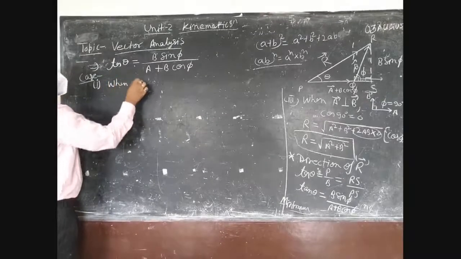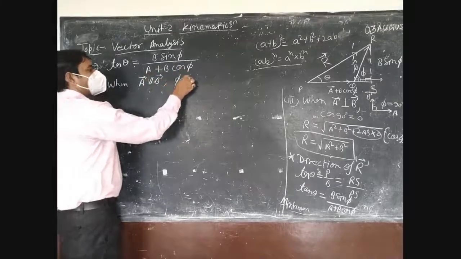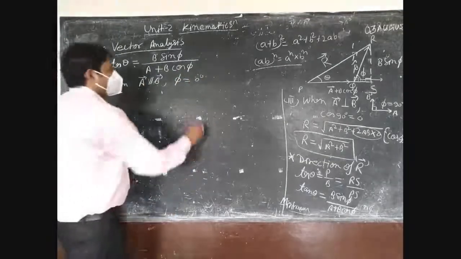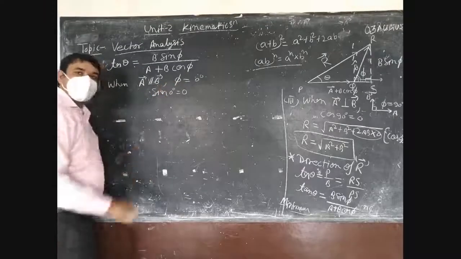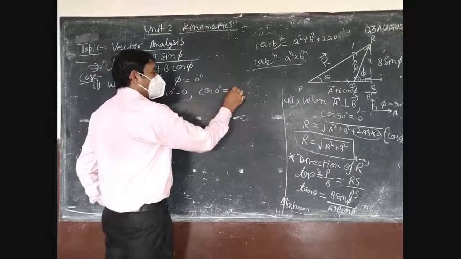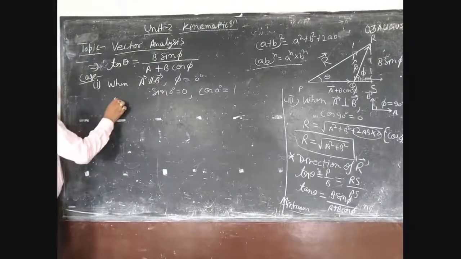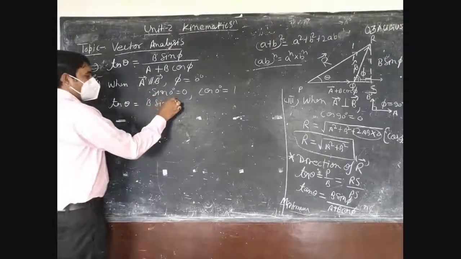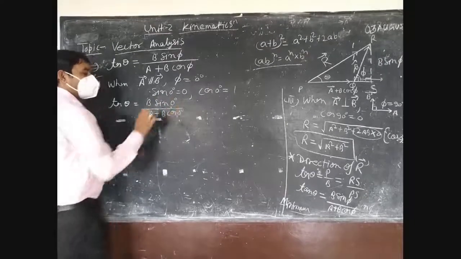In case 1, when vector a is parallel to vector b and phi is equal to 0. As you know, sin 0 degree is equal to 0 and cos 0 degree is equal to 1. By using this result, tan theta is equal to b sin 0 degree upon a plus b cos 0 degree.